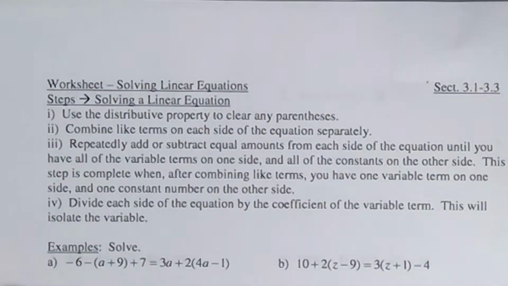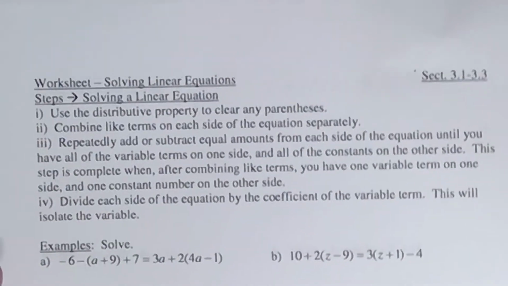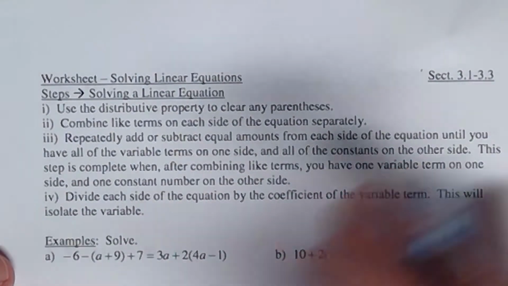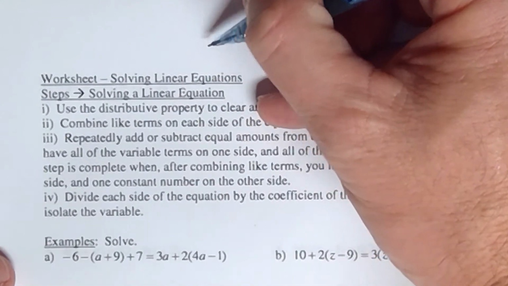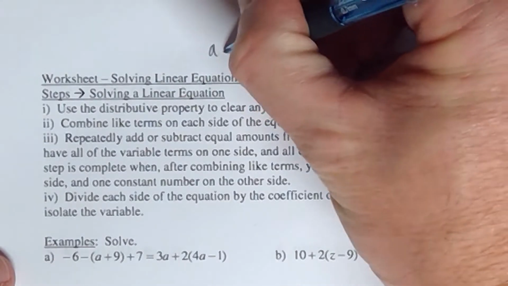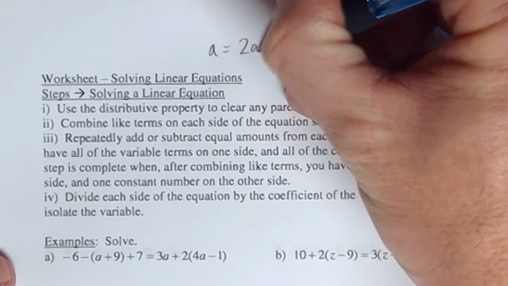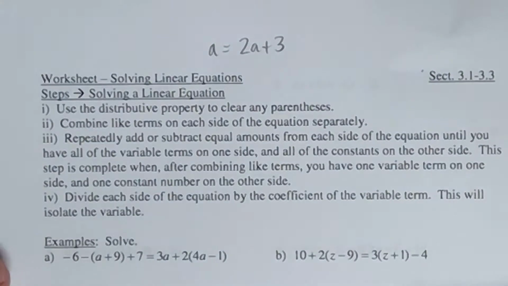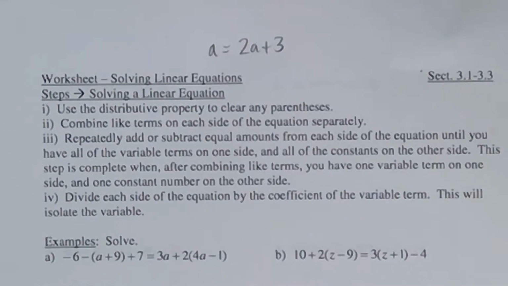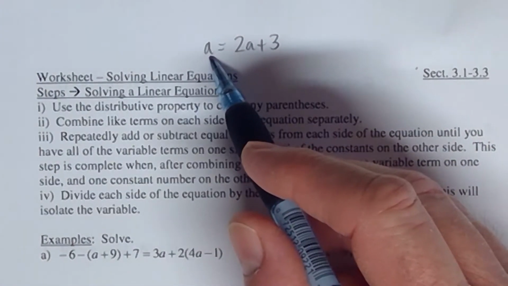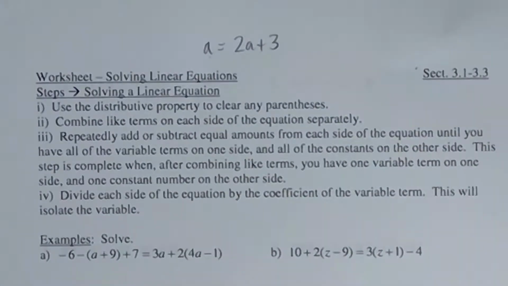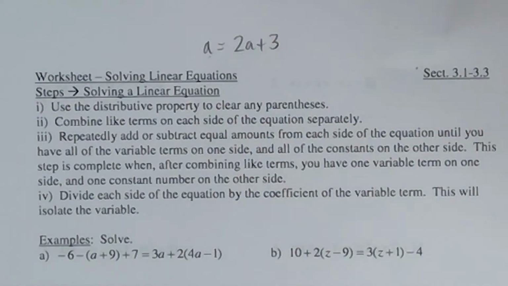For example, in problem A, and I'm not saying this is going to happen, let's just say you got a by itself, but then on the other side of the equation, it looked like this. What's wrong with that? If you have a by itself, but the variable also appears on the other side, then you don't truly know what a is equal to, and so it's still a mystery as to what it is.